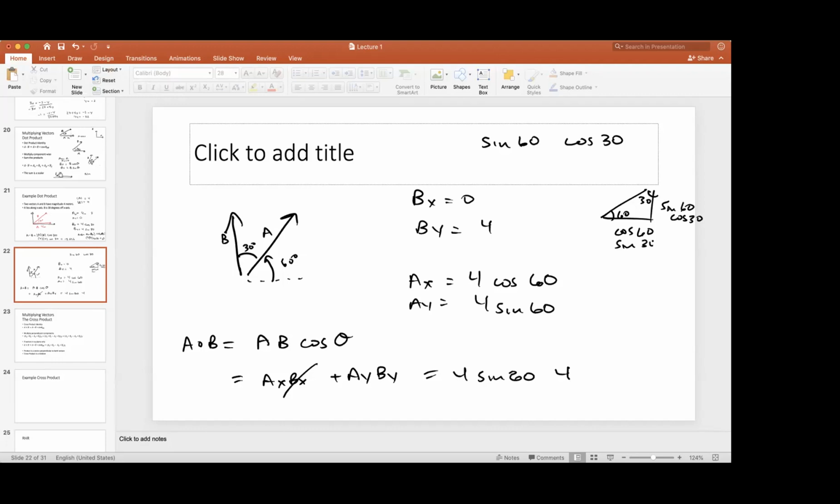So sine of 60 is equivalent to cos of 30, which means we get the same answer as before. The only thing that matters is the two vectors. It doesn't matter which way you multiply them in the dot product. You simply multiply either their magnitudes together by the cosine of the angle between them, or you multiply their components. And remember, always a scalar. Big takeaway, always a scalar. What you end up with is just a number. All right.